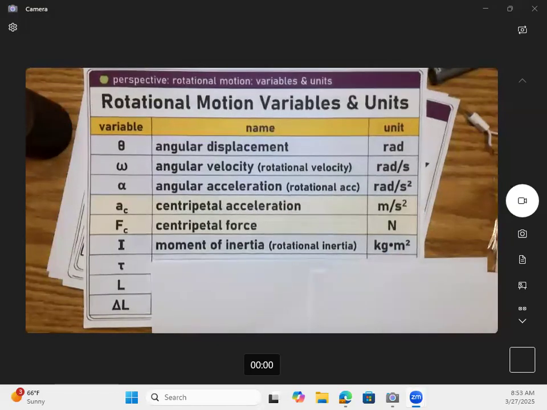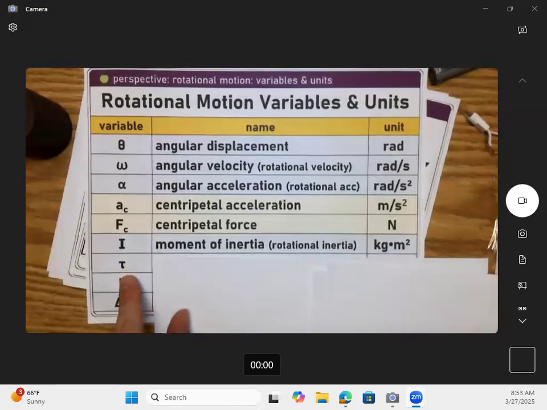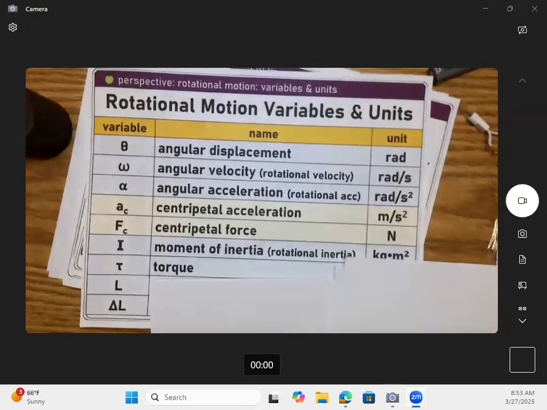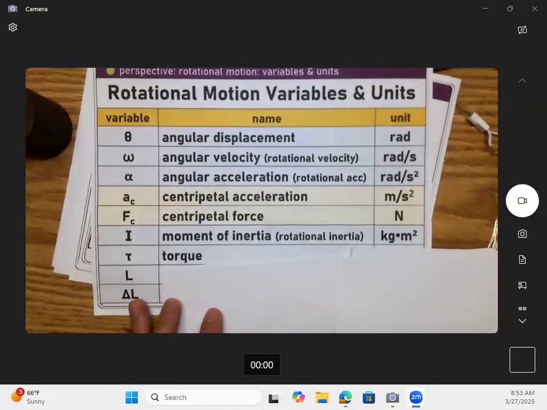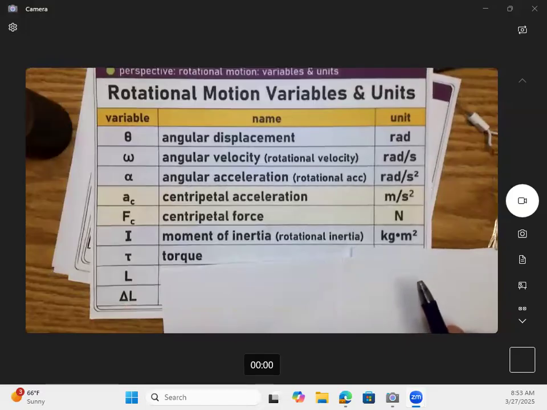Okay. How about what's this letter right here? Yeah. So Greek letter tau, which stands for torque. Yeah, tau is torque. Okay. And guys, how would you measure torque? Does anybody know?